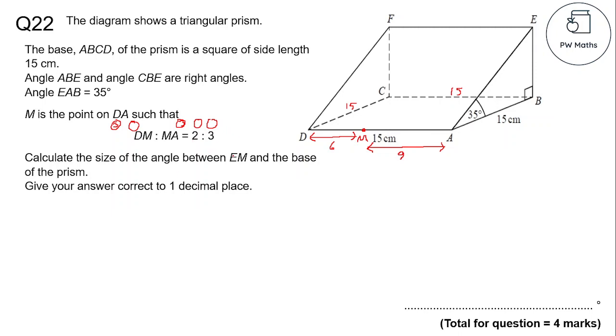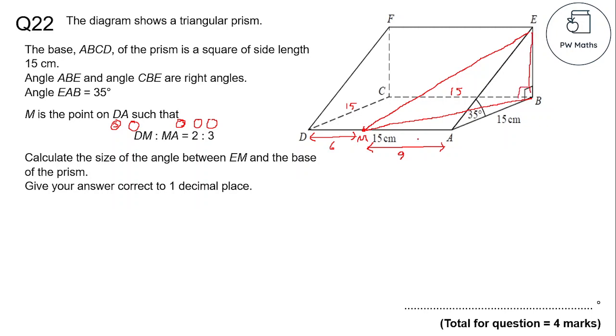Calculate the size of the angle between EM, so that's this line here, and the plane, or the base of the prism. So I'm looking for a right-angled triangle that involves those sides. I think the only right-angled triangle I can see involves the letter B. And it's getting a bit fiddly here.